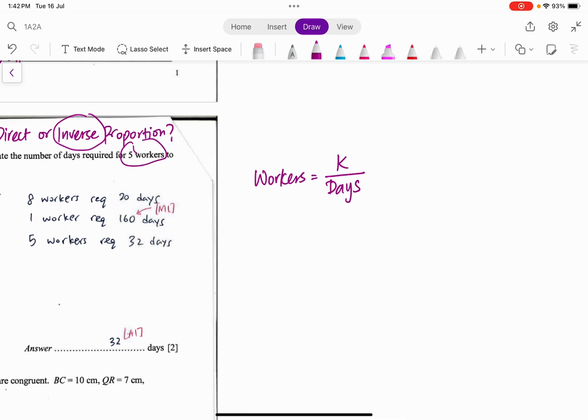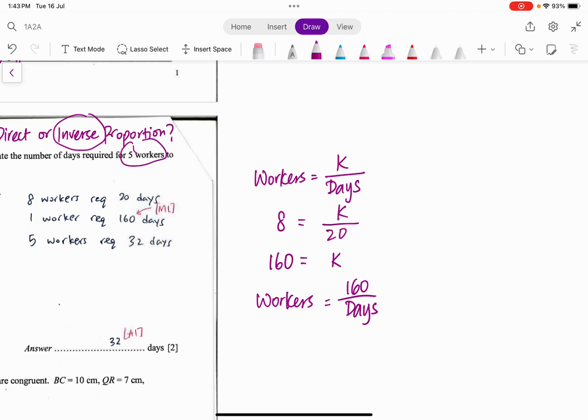So that means 8 workers, 20 days. Yeah, I know that. So then K is 160, also the same, because 20 times 8. You still arrive at the same thing. So workers equals 160 over days.